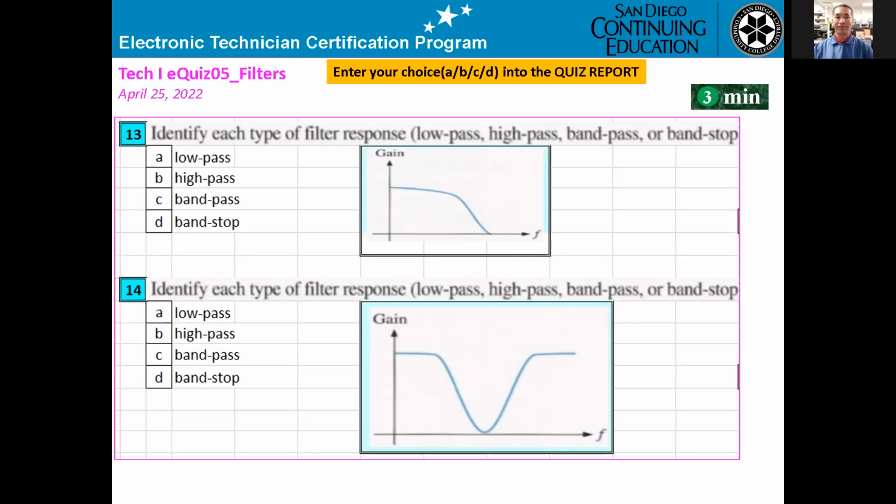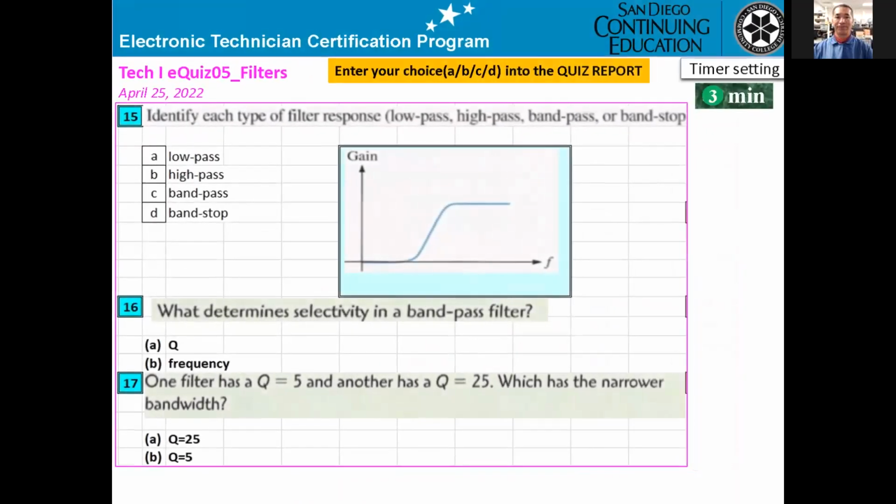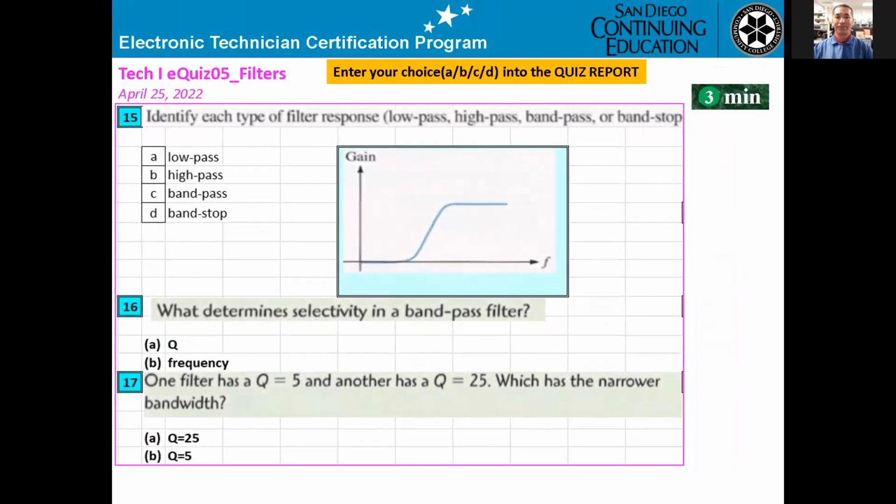If not, go forward. Okay, you are correct. Okay, let's go to the next one. Okay, so 17.